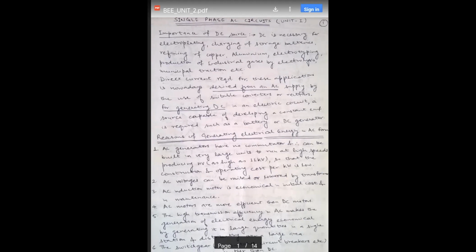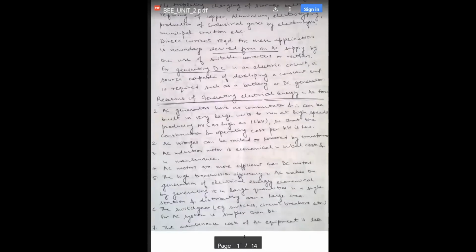So if we have any specific applications of DC, we can rectify the AC and use it. Another thing, the sources of DC are mainly batteries, which provide constant EMF, but the capacity of the batteries, secondary cells and solar cells is less. So we go for DC generators.